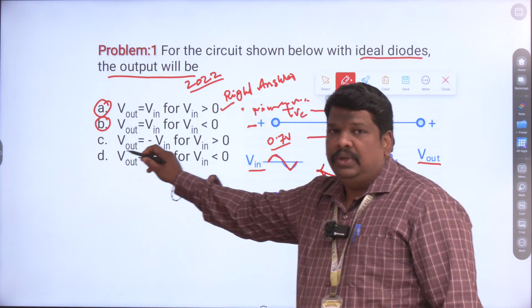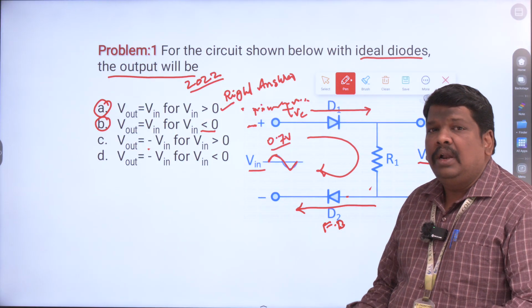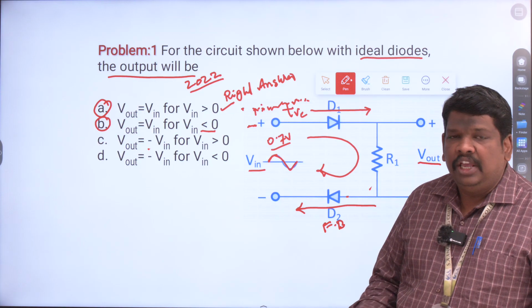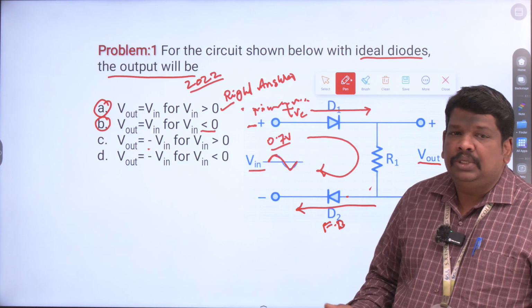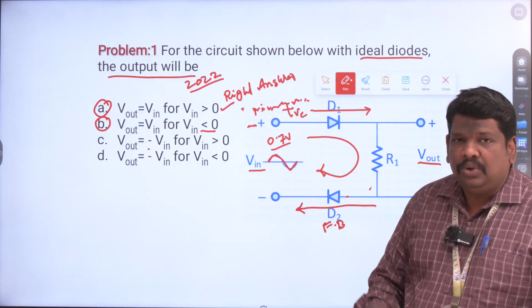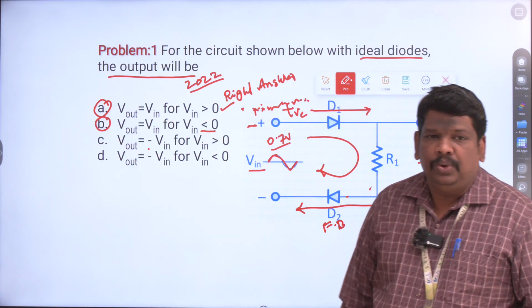Also you can check with your second one, where it is less than 0. If it is less than 0, it is a negative voltage, and your diode will be in reverse bias condition, so it is going to be an open circuit. If it is an open circuit, there is no flow of current, so we can't say the output voltage is equal to the input voltage.